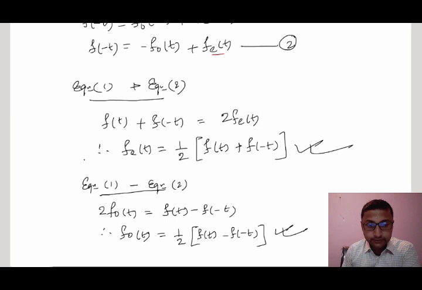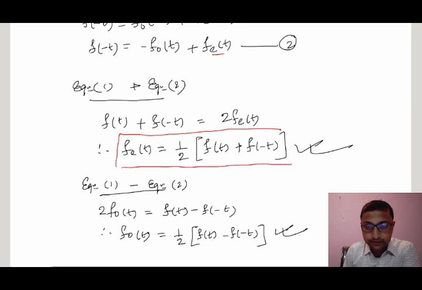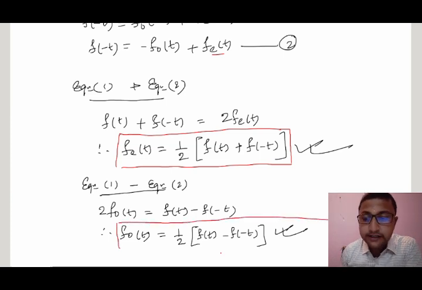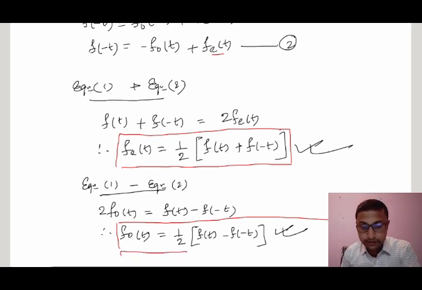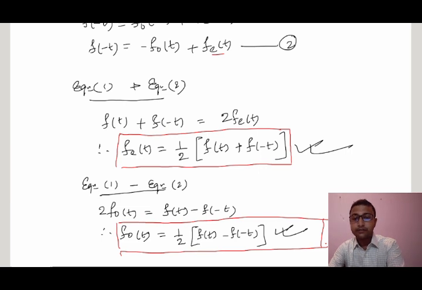So these two equations are very important. This is basically the proof of how we can say that each and every signal can be decomposed into its odd and even components. This is the proof, right? Clear? Okay.